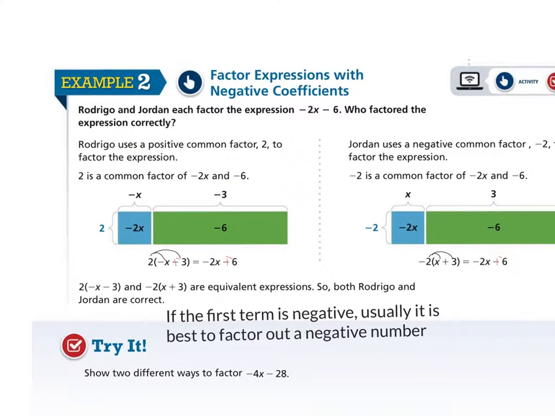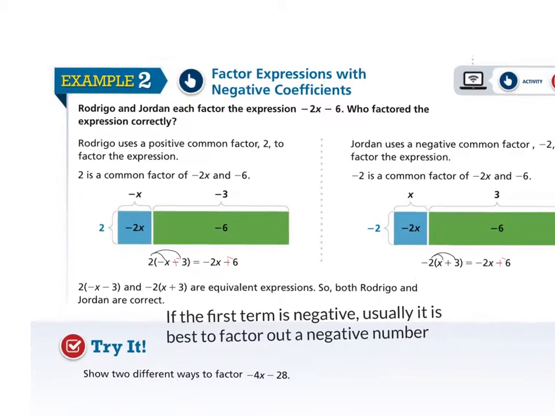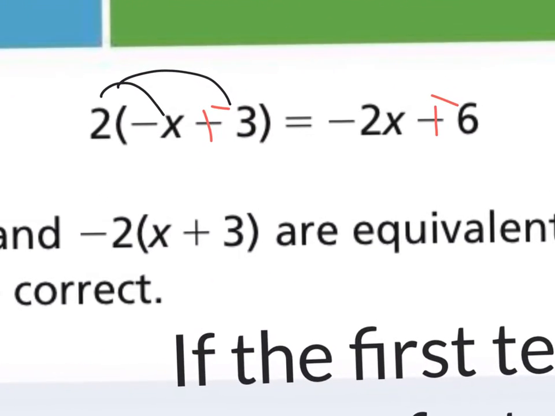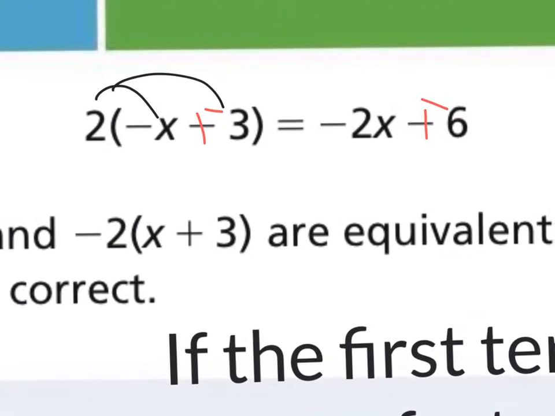So if we look at example 2, Rodrigo and Jordan each factor the expression negative 2x minus 6. Who factored the expression correctly? My suggestion would be, let's look at what Rodrigo did down here. Negative x minus 3 in parentheses. My suggestion would be add the opposite.